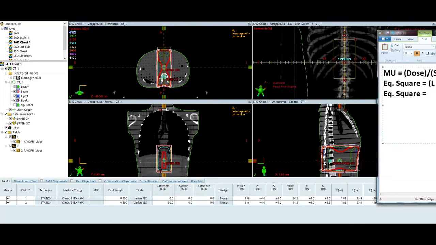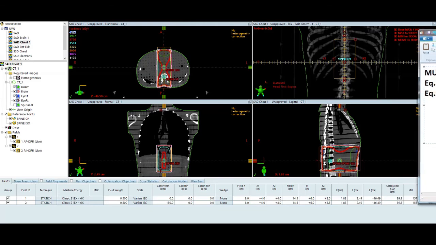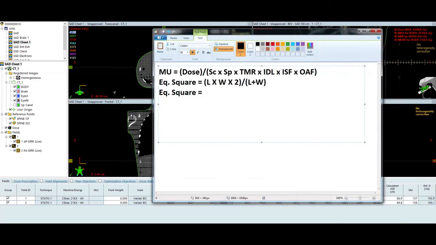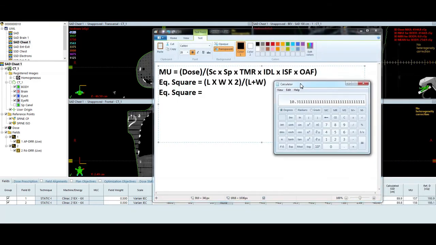All right. My X jaw is 8, my Y jaw is 14.5. 8 times 2 times 14.5 divided by 22.5 gives me roughly 10 for equivalent square.